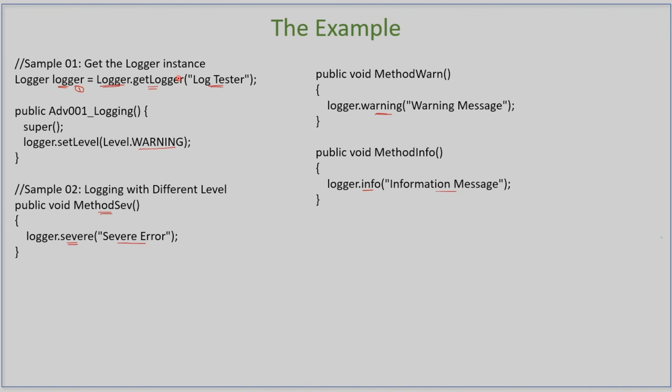Since the logger level here is warning, let's say we are logging 3 kinds of messages from our application. Let's say the severe message is A, this one is B, and the third one is C. From the application, these are all the log messages we are sending through the logger.